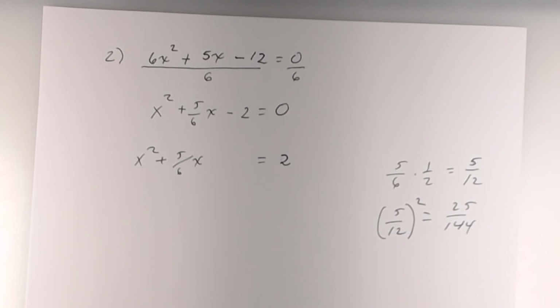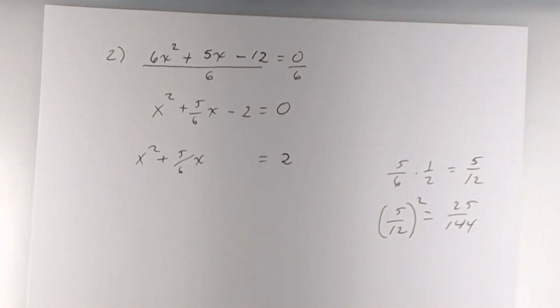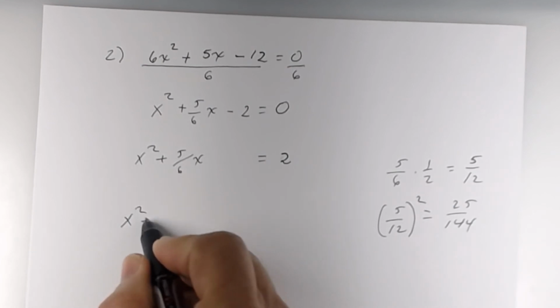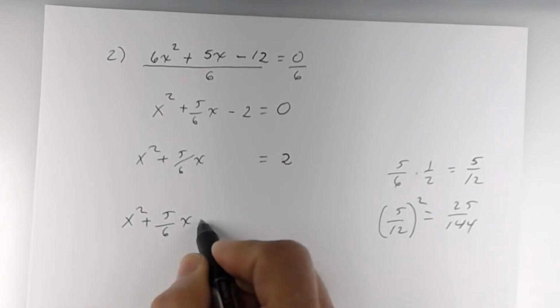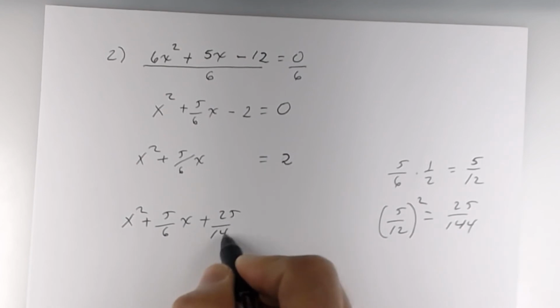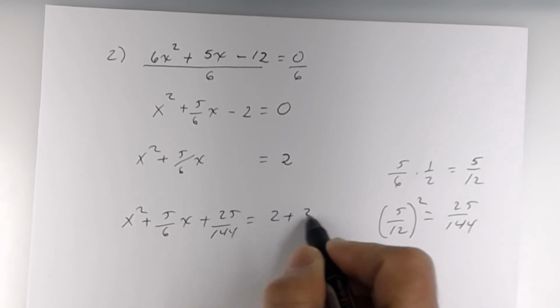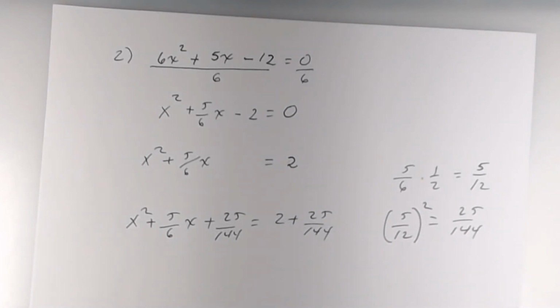What's the next step? You had that on a previous worksheet, those steps: added to both sides. Equal, and then 2 plus 25 divided by 144. So that's where we're at.